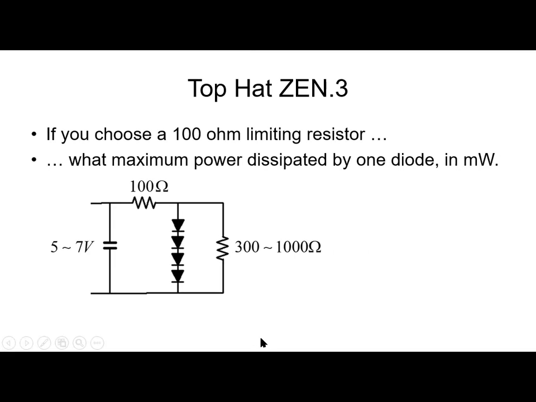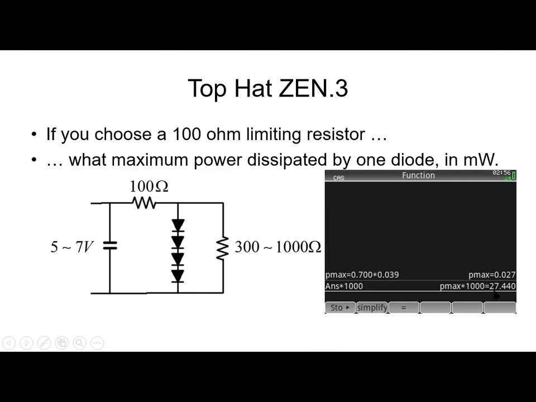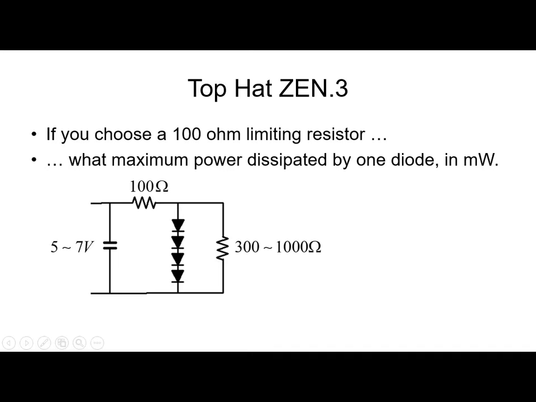The third question is asking us what is the maximum power dissipated by each one of the 4 diodes in that circuit. That's not complicated. We multiply the maximum current that we computed before times 0.7, and that is the maximum power, 27.44 milliwatts.